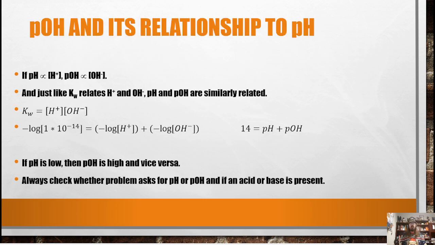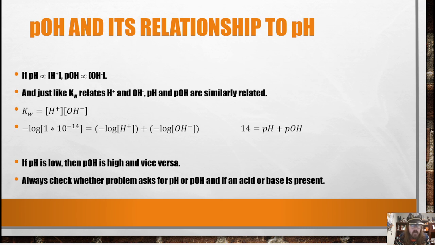Now, there is another factor we need to consider, and that is pOH. pOH has the relationship to the OH minus concentration in the same way that pH has the relationship to the H plus concentration. So pH looks at the acidity, pOH looks at the basicity.